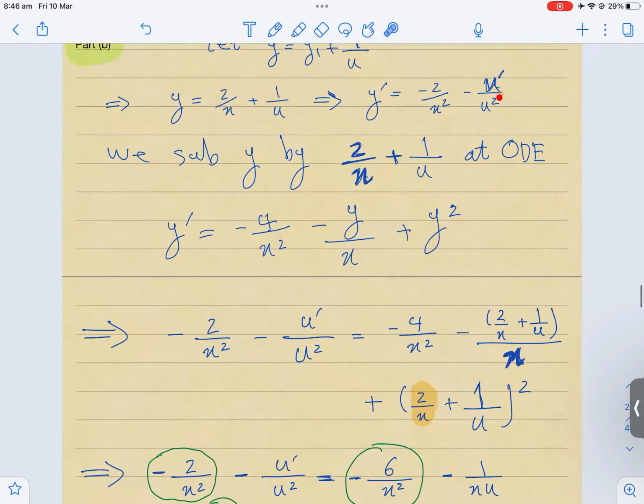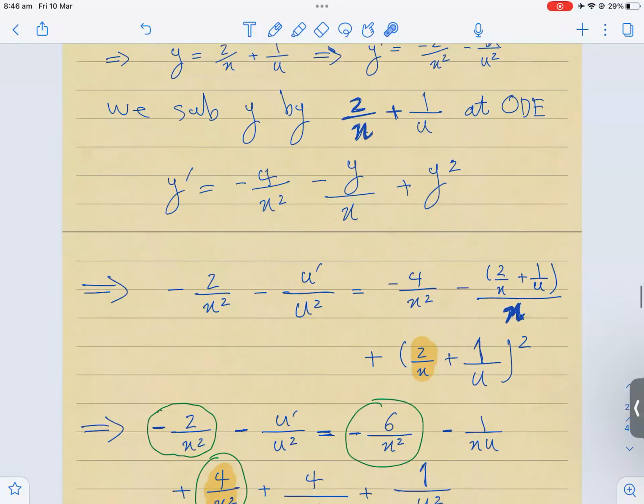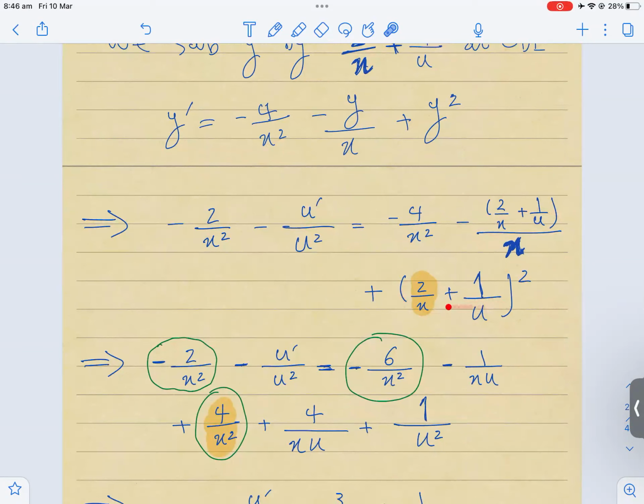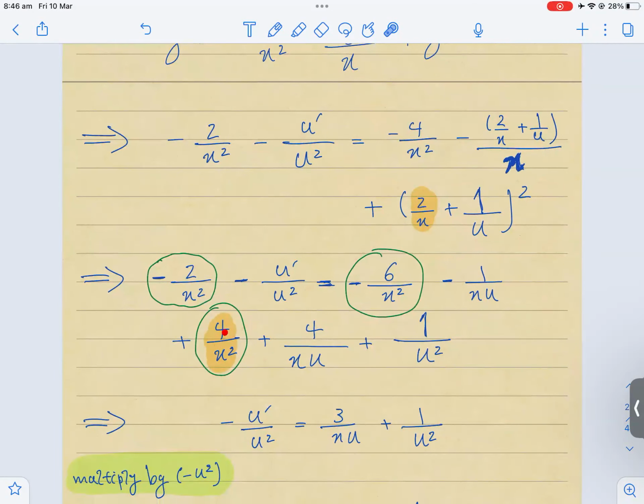Now this pops up, you see this one here, minus 4 over x squared. We've got 2 over x and minus together, this will be minus 6 over x squared. And this orange highlight will be 4 over x squared. I can expand this one.